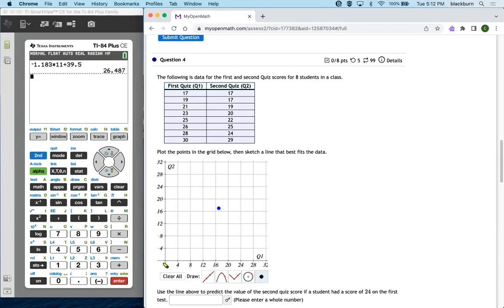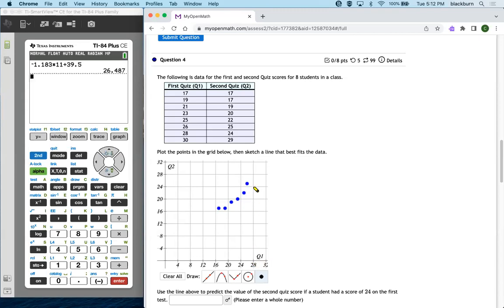My Open Math gives you some grace on this too, so you may not get it right on the money, but they give you a little bit of leeway. 19, 17 is right there, and 21, 19, about right there. 23, 20, gonna be on the line, a little bit left of 24. 25, 22, halfway up, a little past 24. 26, 25, a little bit above 24. 28, 24.